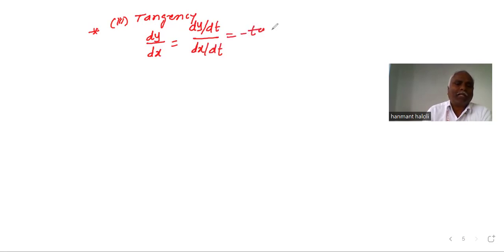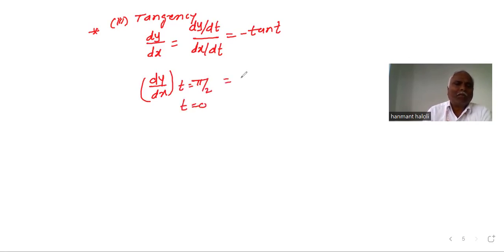Third point is tangency. Calculate dy by dx. Dy by dx is equal to dy by dt upon dx by dt, and this you get minus tan t. Now dy by dx at t equal to pi by 2 or t equal to 0, in both the equations.